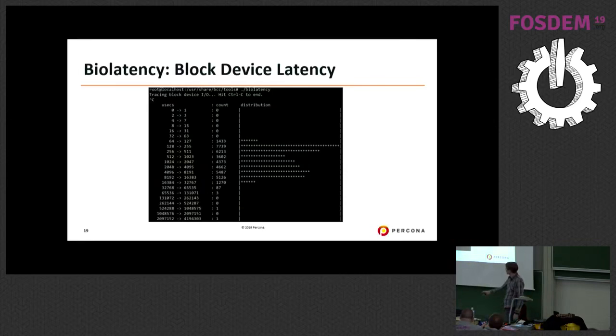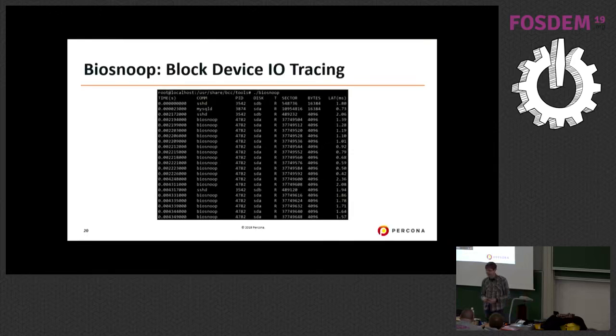We can see for this block device, we had one of the IO requests which took, I think that's microseconds, so that took 2 seconds or something to complete. If you, for example, run a database server and that happens to be something like your log flush request, then it's bad, right? It will have a very bad impact.